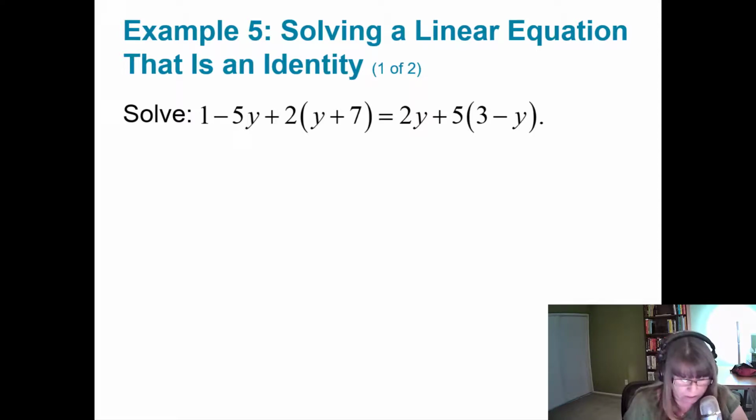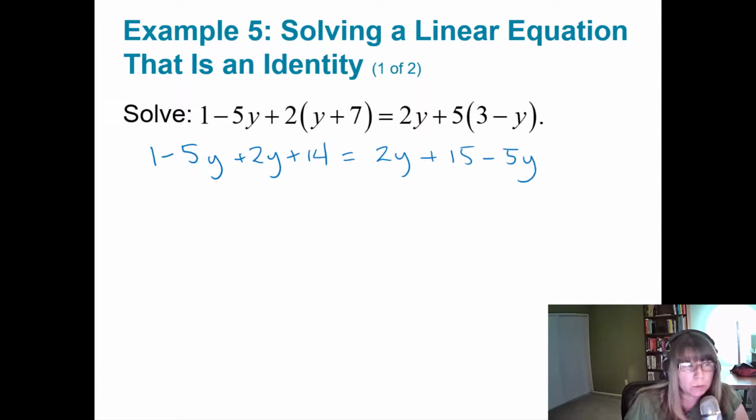So let me run through this problem really quickly and solve. 1 minus 5y plus 2y plus 4. I'm going to simplify each side and see what I get. I get negative 3y plus 15 on the left, and negative 3y plus 15 on the right.